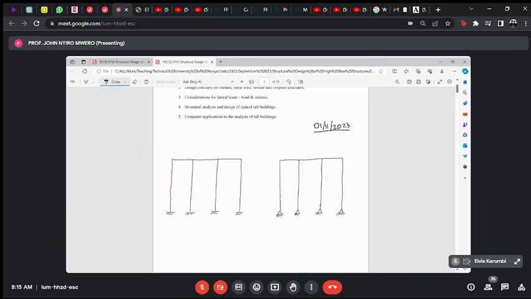We can label this to say this is fixed foundations, and this is a pinned foundation.